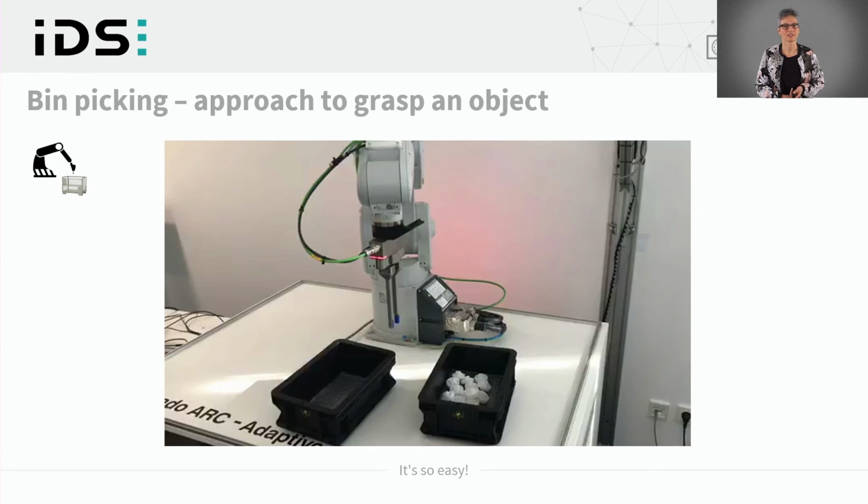Now we have a small example that shows a running system, just what I described. It's a bin picking application, and we see here these small parts that are shown in the video for defining the grasp positions. So now you can see what the robot does with this information.